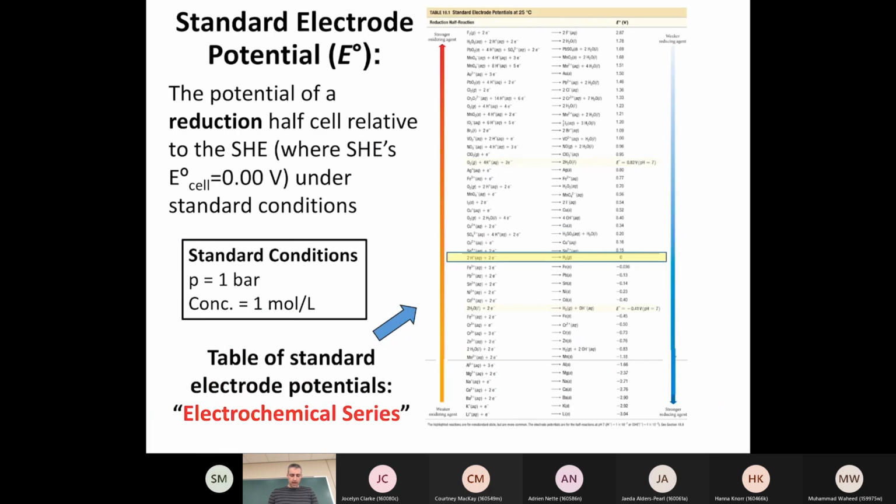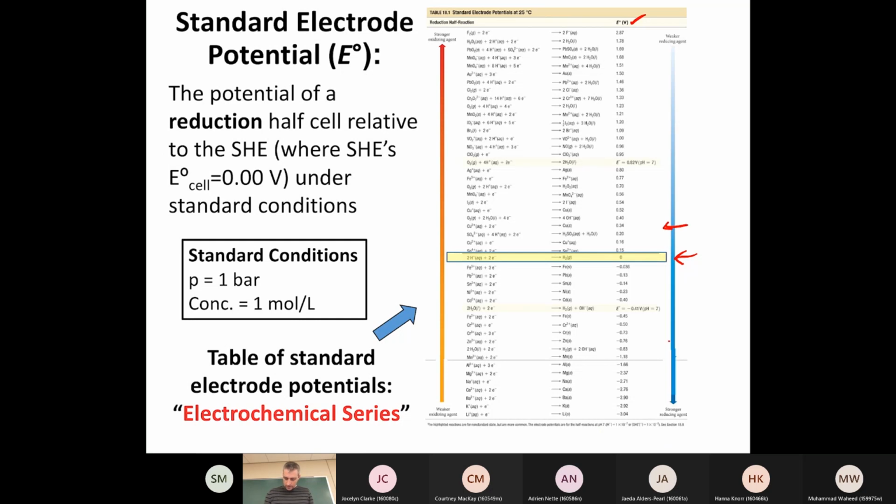Great. So yeah, we have tables, like this is one out of a textbook, right? We call these electrochemical series, and look at the E0 values over here. Hydrogen is sort of smack dab in the middle, standard hydrogen electrode, which we've assigned to be 0. All the other ones are either greater or less than that. The ones we've seen already, we've seen the copper one, which is right here, 0.34.